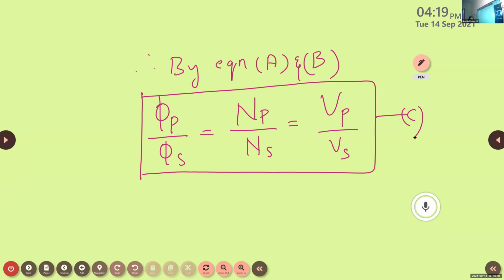Okay. So here we derived the relation between magnetic flux, number of turns, and EMF induced in the primary coil to that of the secondary coil.